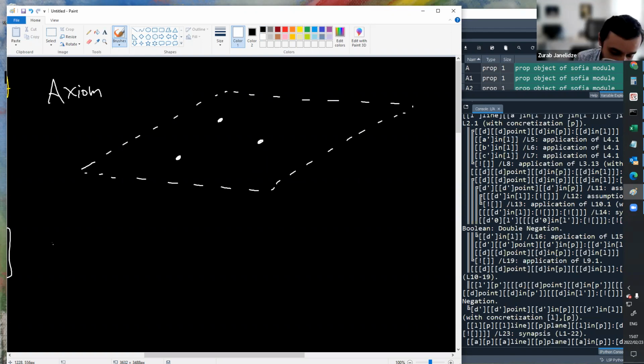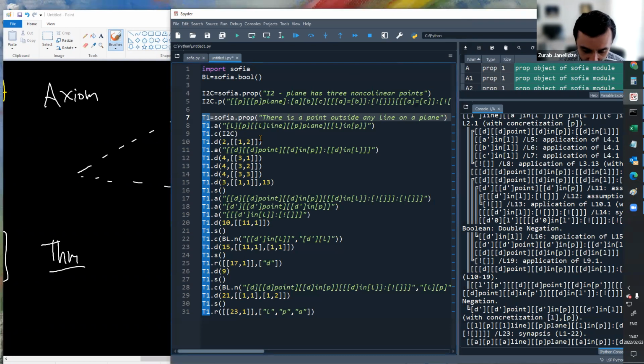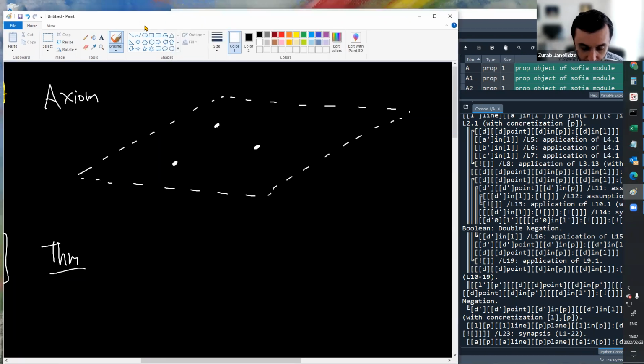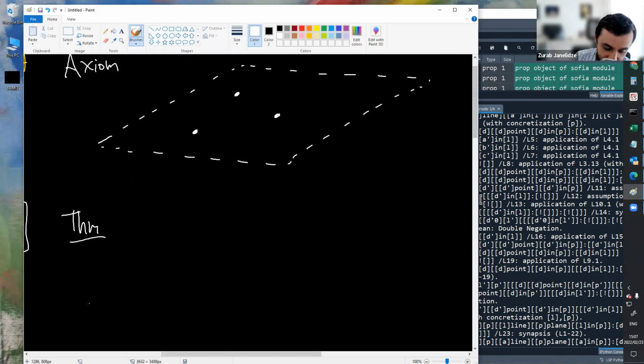The theorem we're going to prove says that there is a point outside any line or a plane. Well, actually both parts are done here. Yeah, so the theorem says that if I begin with some line or plane, let's say I begin with a line, okay?